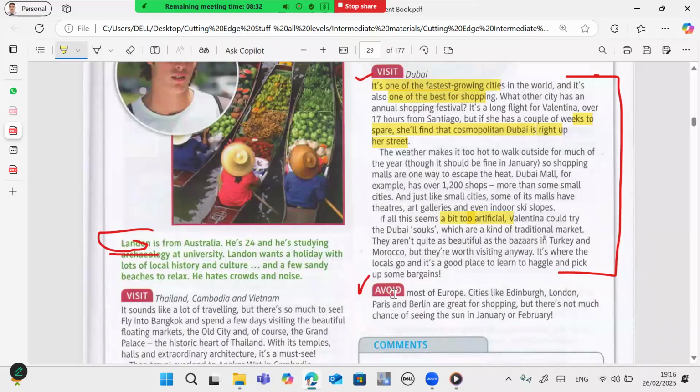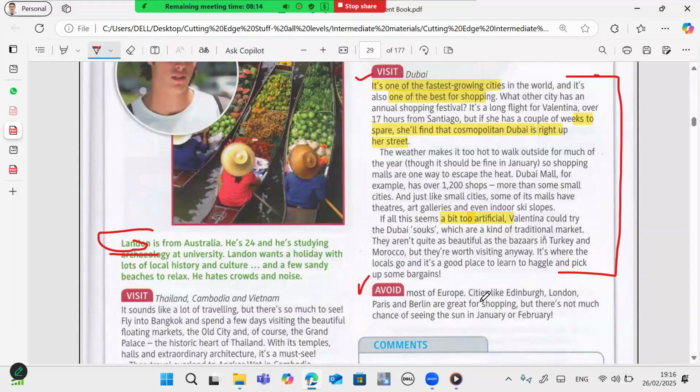Okay, طيب, avoid what? Avoid here the tour travel expert said visit Dubai. Avoid بقى ما تروحش فين? In February and January, most of Europe.